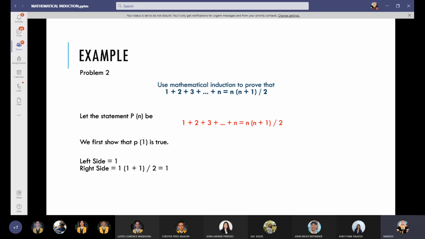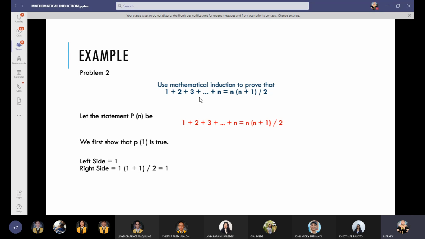So for the left side, we have 1. Then the right side will be 1 times 1 plus 1 divided by 2.